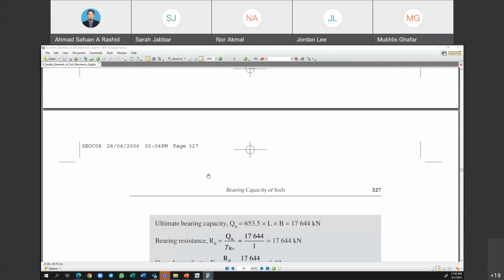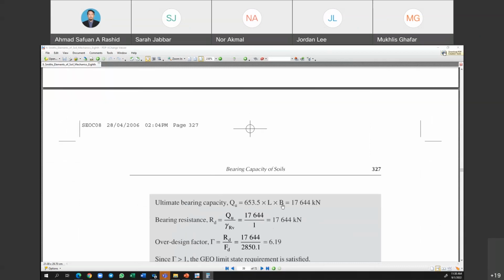Then he still uses the B, not B prime. Let me check first why he uses the B, not B prime.